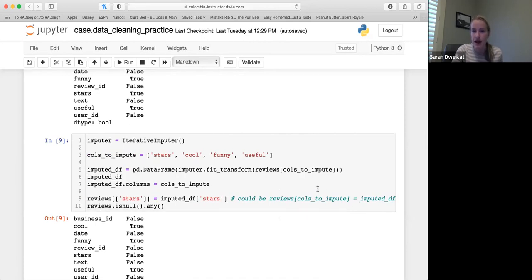So you can go ahead and fill in all 4 of them with this line of code. This right here will just fill in the stars column based off of your imputed data for stars, what was calculated.